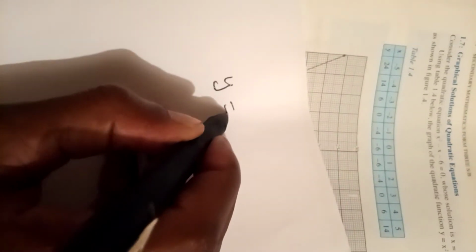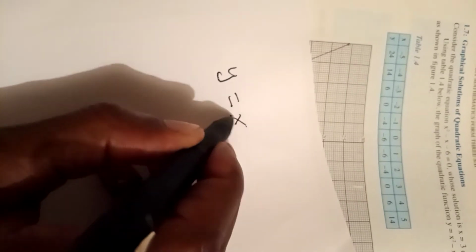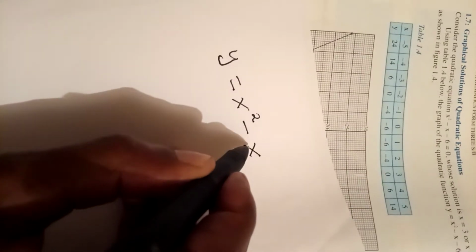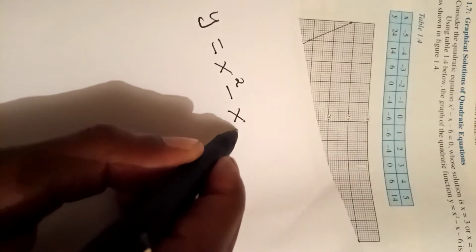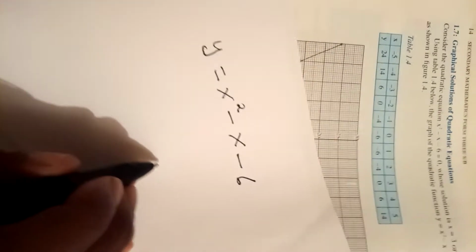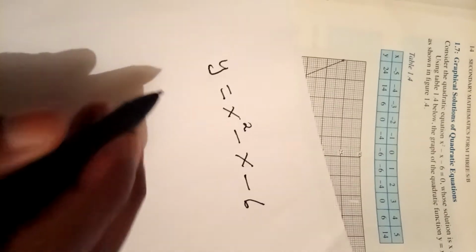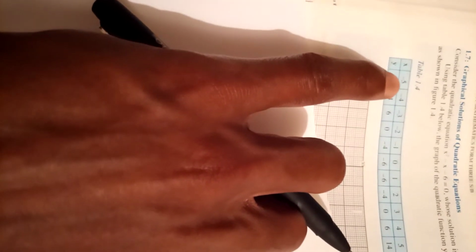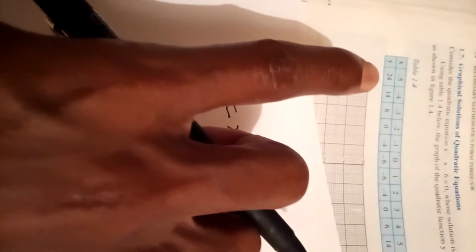So the function says y equals x squared take away x, and then take away 6, and we are given x values. You can see the x values are ranging from -5 up to +5.